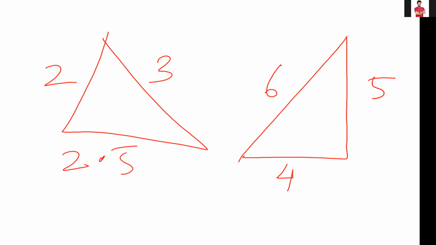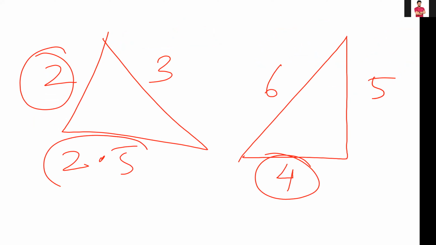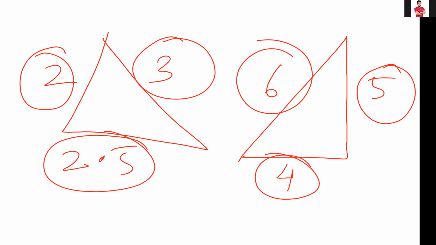It's similar. Fine. By SSS. 2 into 2 is 4, 2.5 into 2 is 5, 3 into 2 is 6. So by which criteria? SSS, right?